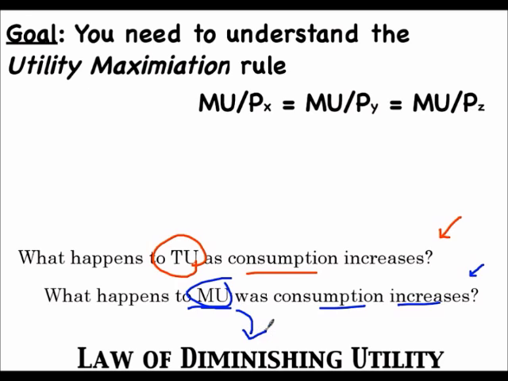So already you can logically assume what's going to happen to marginal utility as we increase consumption. Marginal utility is going to diminish or decrease. So as I consume my first unit, and then I move to my second unit, and then I move to my third unit, as I go from one unit to the next, marginal utility will decrease. Okay, so we'll see that numerically in just a moment.